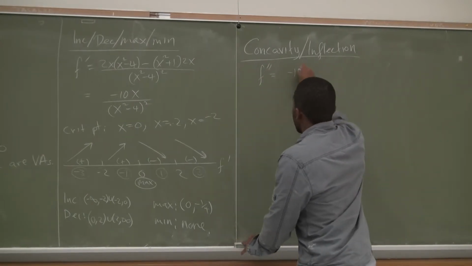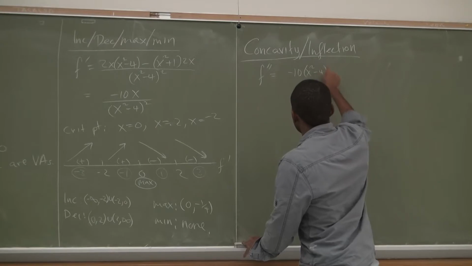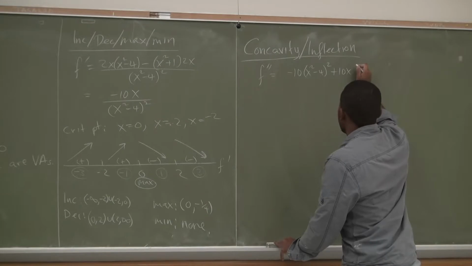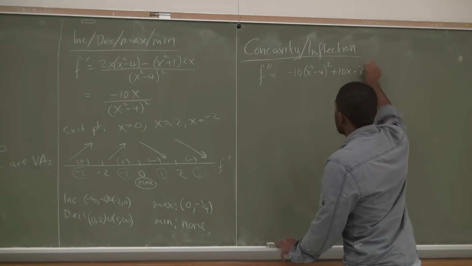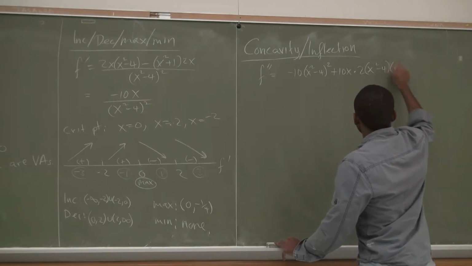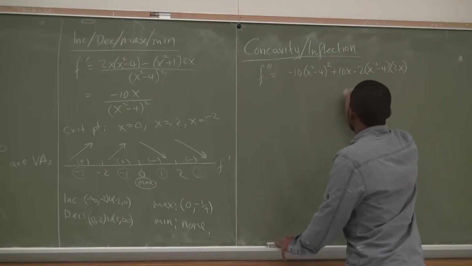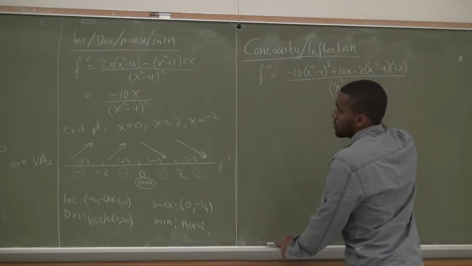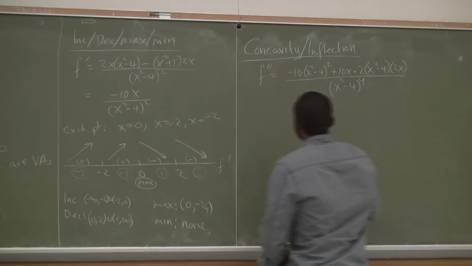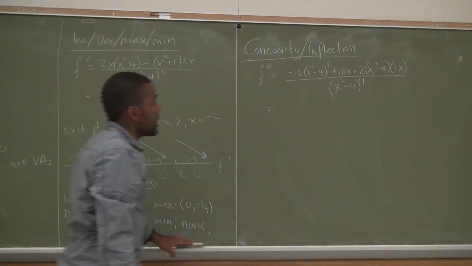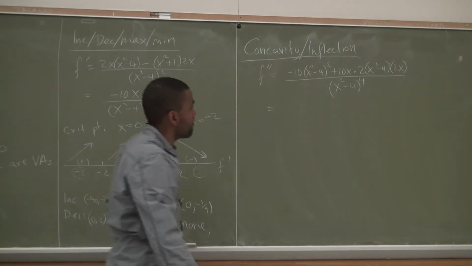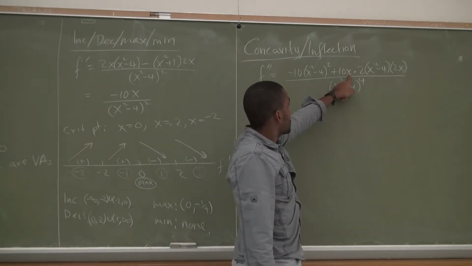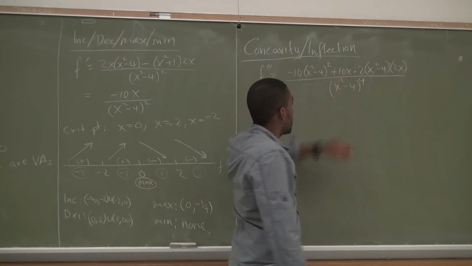So it's the bottom times the derivative of the top, minus the top times the derivative of the bottom, over the bottom squared. Can we make that nicer? You can take out a negative. You can take out an x, right? You can take out 10.